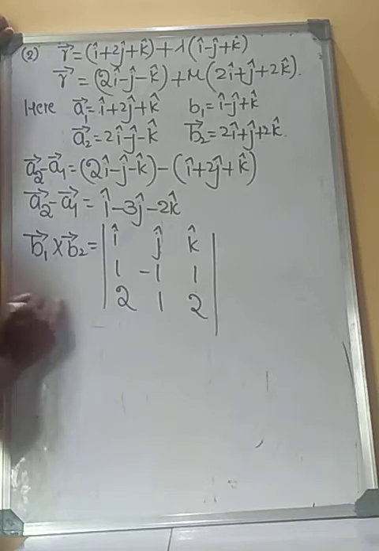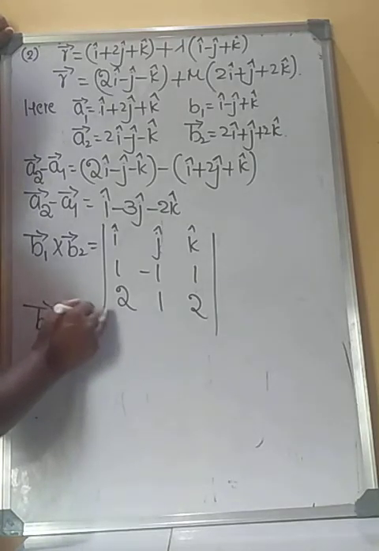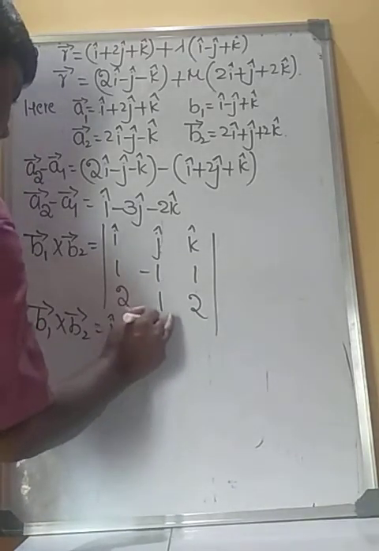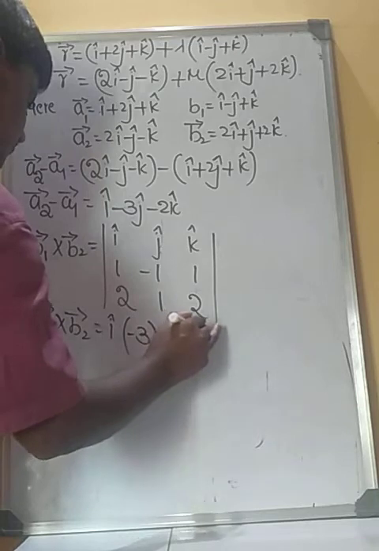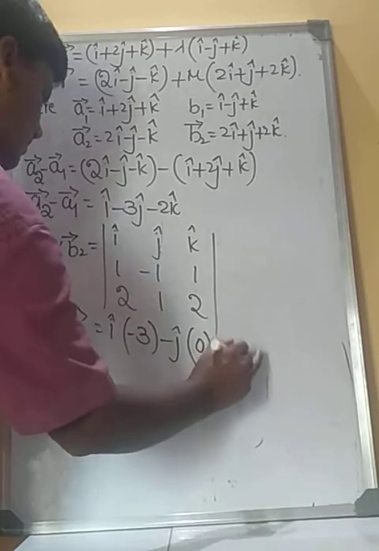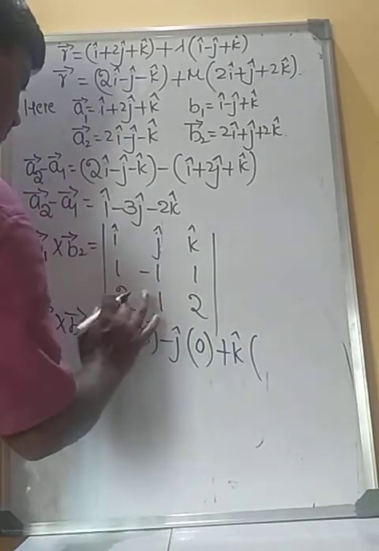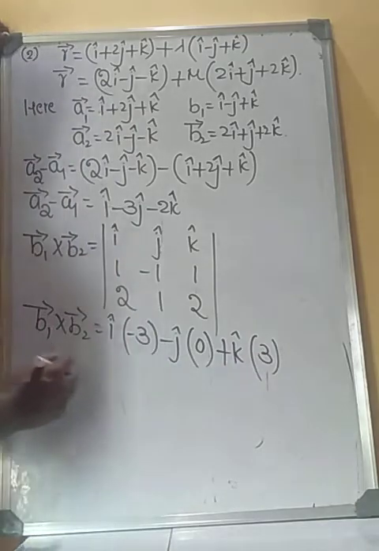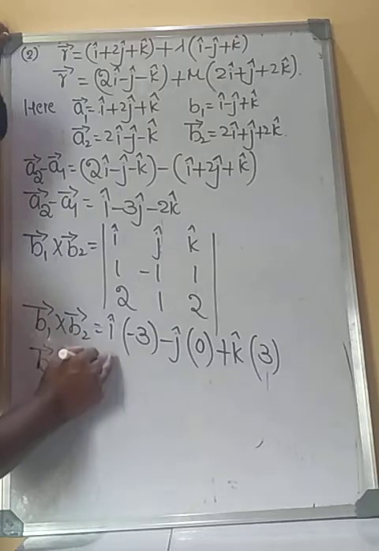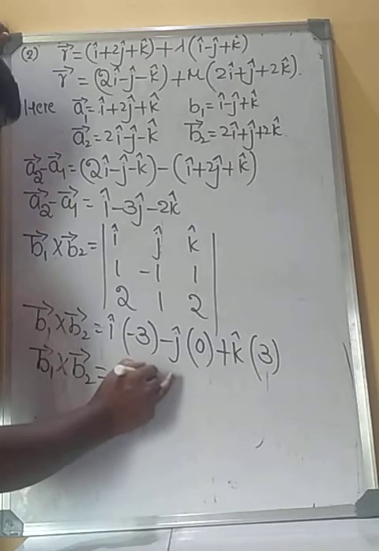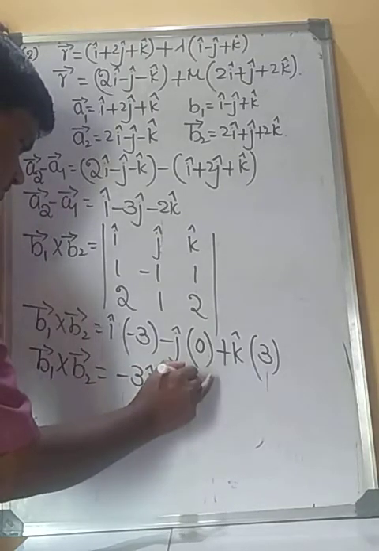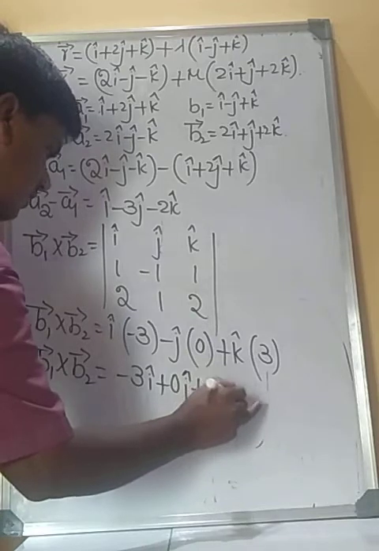Therefore, B1 cross B2 is i times (minus 2 minus 1), which is minus 3, minus j times (2 minus 2), which cancels to 0, plus k times (1 plus 2), which is 3. So B1 cross B2 is minus 3i plus 0j plus 3k.